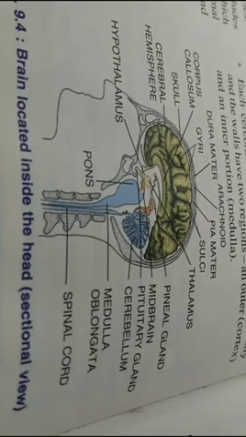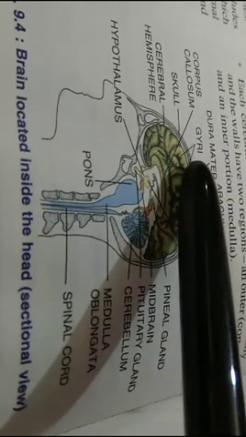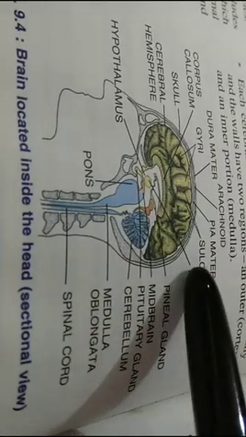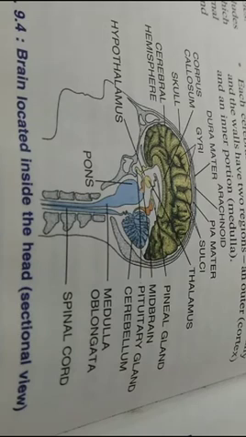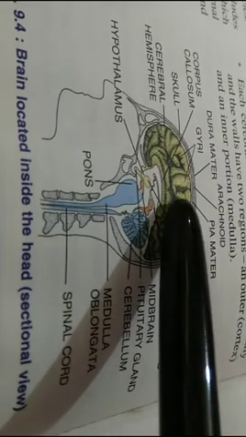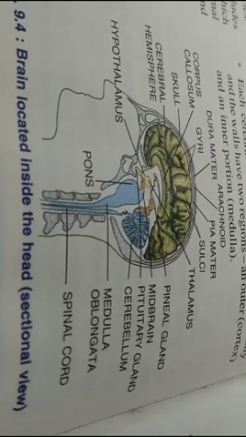It is the layer of gray matter which is folded to form the convolutions. The folds are called gyri and the grooves, or creases, are called sulci.